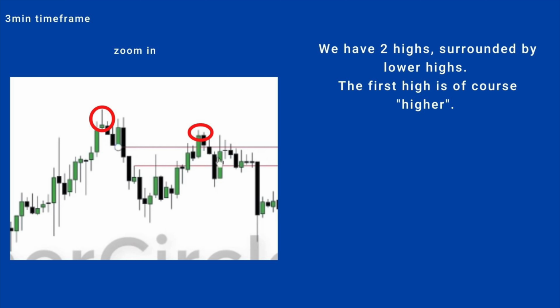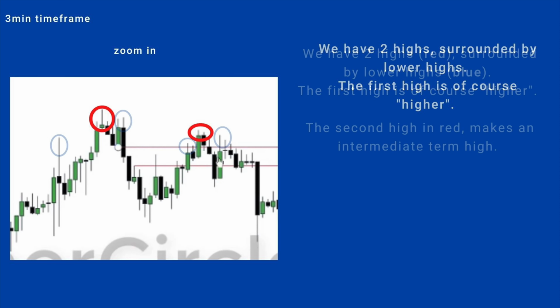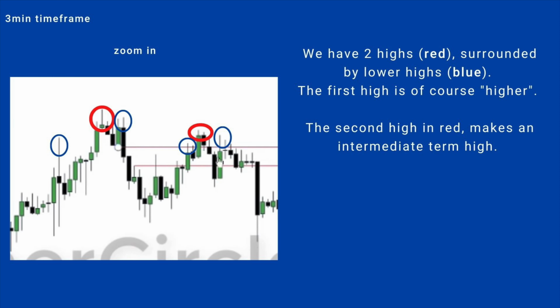We're going to start with a simple explanation. He tells us indeed that yes, we have two highs, which you can see here with red circles, and those two highs are surrounded on each side by two lower highs that you can see in blue. ICT tells us that the second high in red makes an intermediate term high.